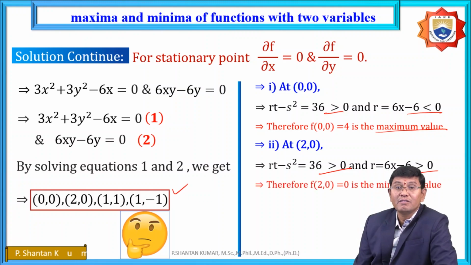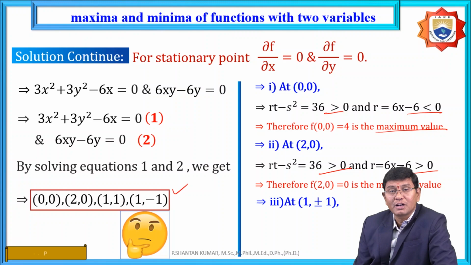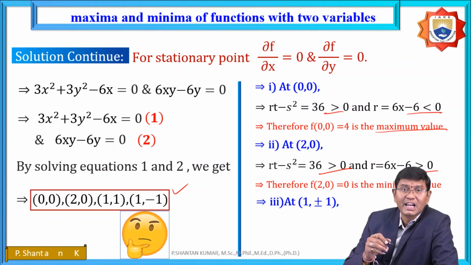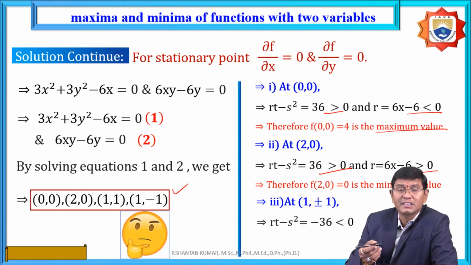Again, further we need to check (1, 1) and (minus 1, minus 1). At these stationary points, rt minus s square is less than 0.